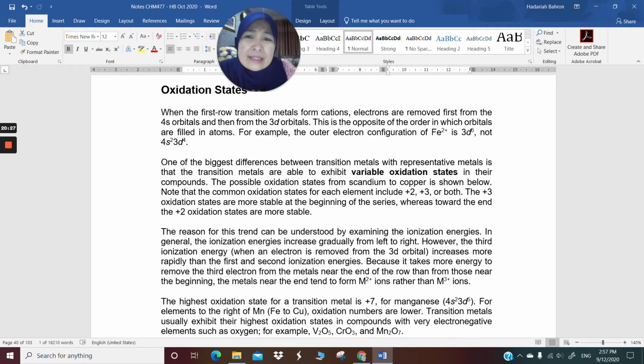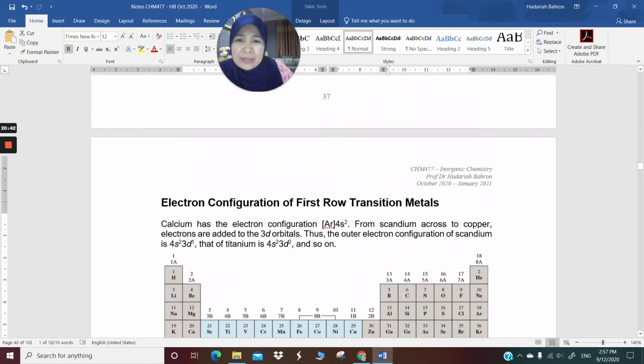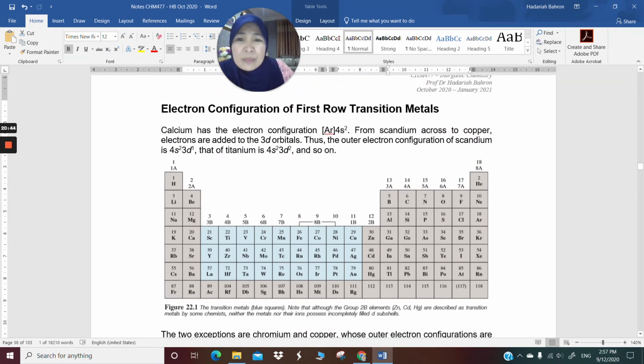Now, transition metals are very, very special because they can have different oxidation states.